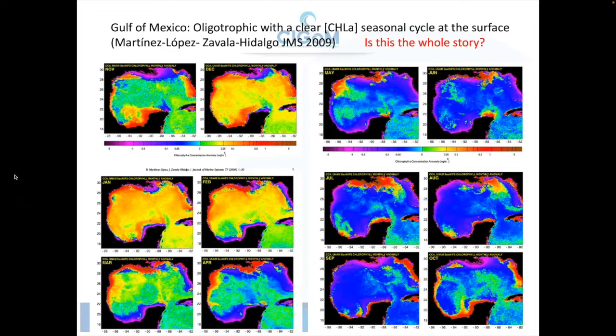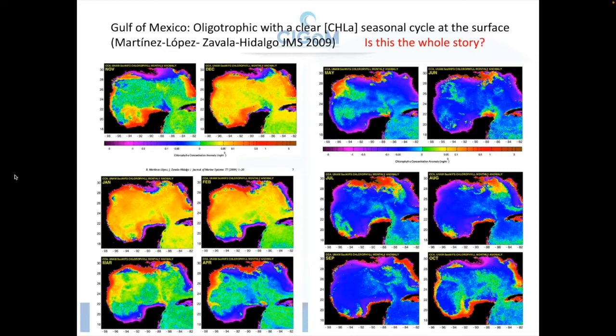On the left-hand side, in some of these places, you also see jets that emerge from the coast, one at the border between Texas and Tamaulipas, and one in the south near the western part of the Yucatan Peninsula. I don't have the mouse, so I cannot show you.